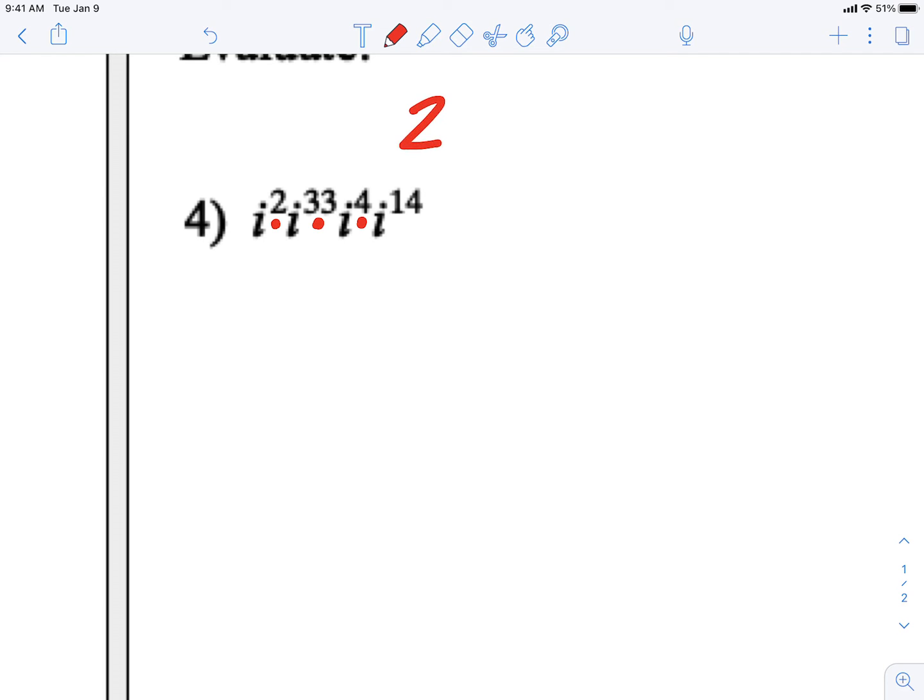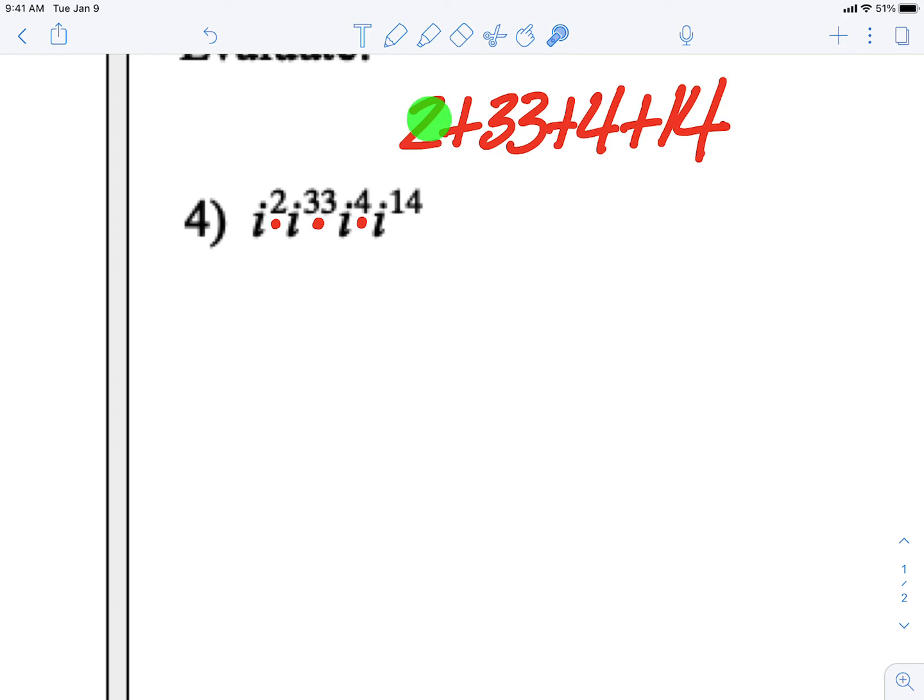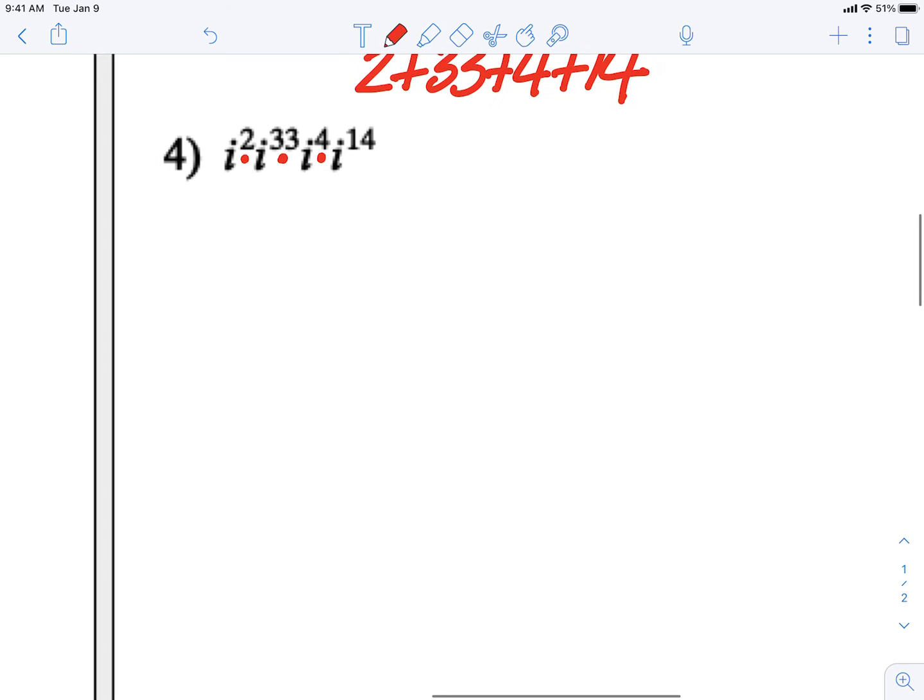So 2 plus 33 plus 4 plus 14. So use your calculator. 2 plus 33 is 35. 35 plus 4 is 39. 39 plus 14 is 53. Right? So I get 53.